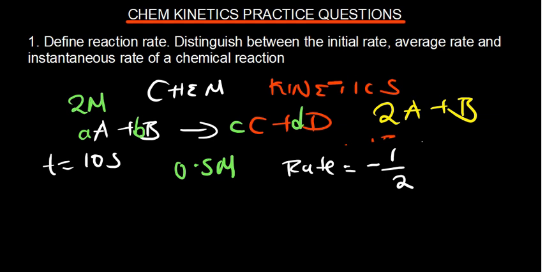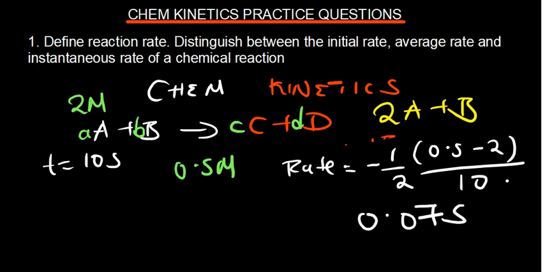The final one was what? 0.5. Initially we had 2, over the change in time, which is 10. So that is how you go about your calculations: 0.5 minus 2 is negative 1.5, multiplied by 1 over 2, divided by 10. So in this case, our solution is 0.075 molar per second.